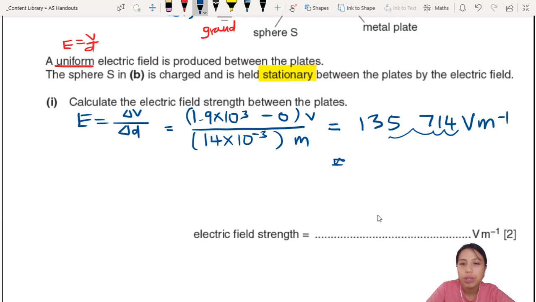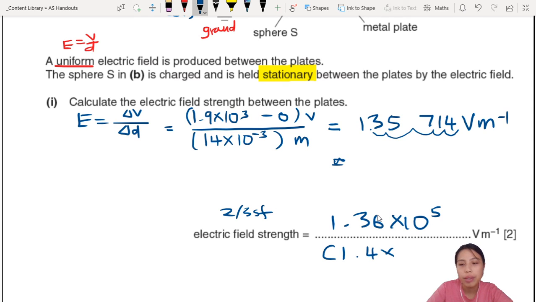So 1, 2, 3, 4, 5 dot. So I can write 1.36 times 10 to the 5. This is one way I can report it in 3 SF. They actually prefer either 2 or 3 SF when you write your answer in this dotted line. If you want 2 SF, you can also write 1.4 times 10 to the 5. Both are okay.